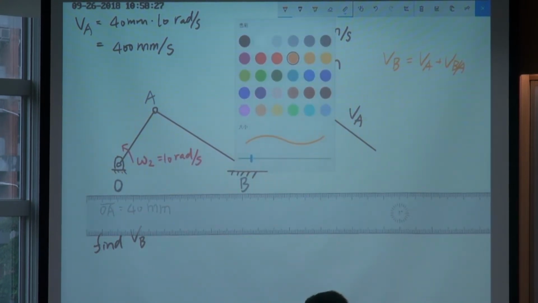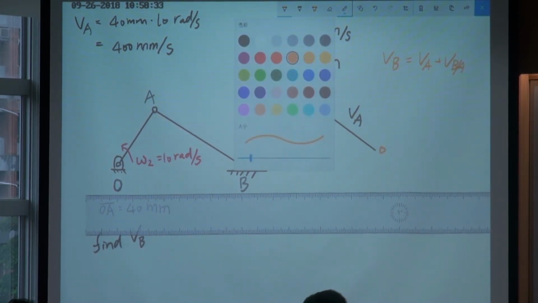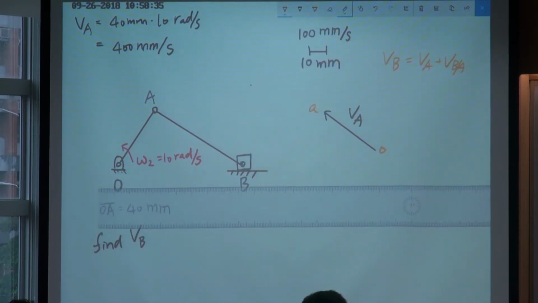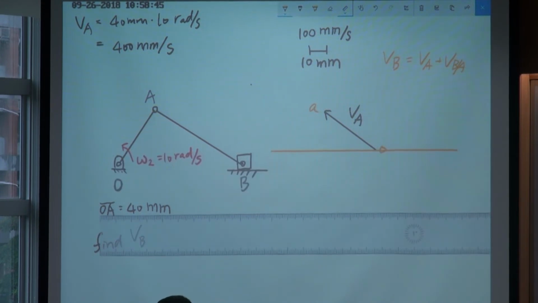I should label this O and A. Right now we only know the direction of VB, so I simply draw a horizontal line, because VB must lie on this line. So this one is representing VB.